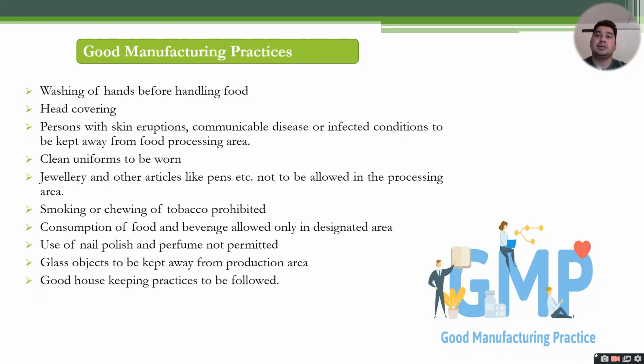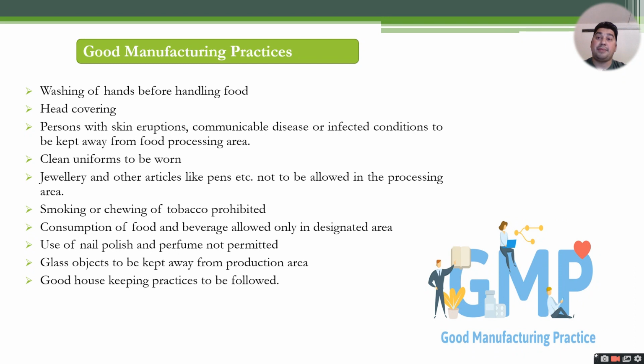Jewelry and other articles like pens, etc., not to be allowed in the processing area. Smoking or chewing of tobacco prohibited. Consumption of food and beverages allowed only in designated area. You should not allow them in the food processing areas. Use of nail polish and perfume not permitted. Do not allow them to use these kinds of products. Nail polish can chip and the perfume can taint the food product.